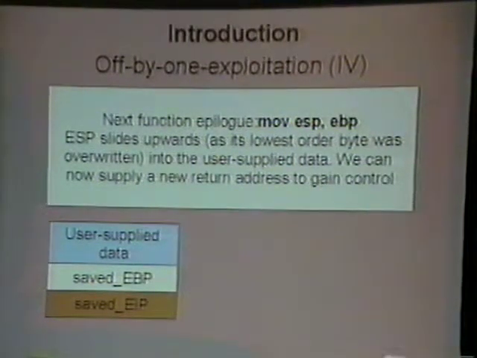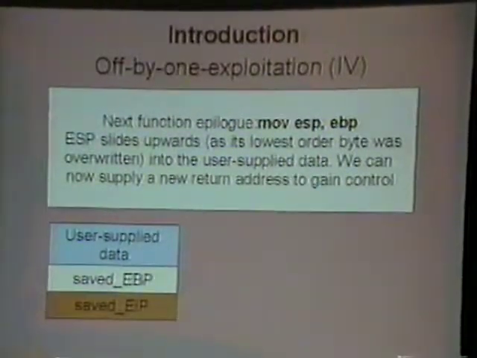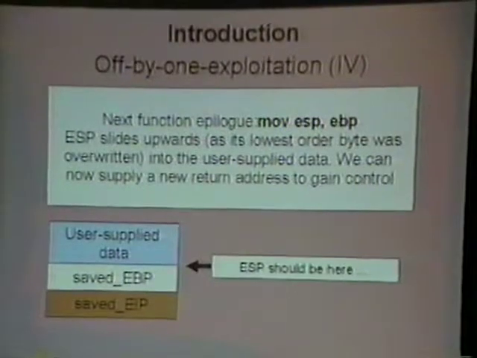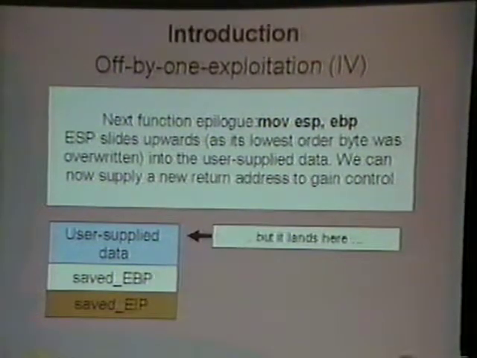And what happens now is that the stack pointer slides upwards in memory because we overwrote the lowest order byte. So instead of pointing to the saved EBP and saved EIP, it slides upwards into the user supplied data. And then it returns, takes its return value from the user supplied data, and the attacker has gotten control again.